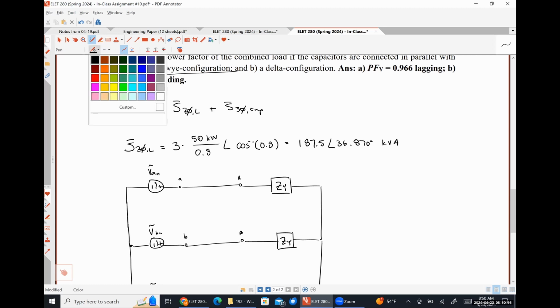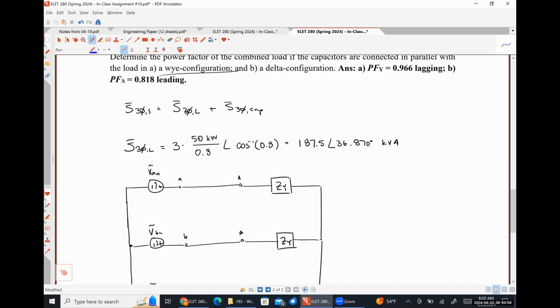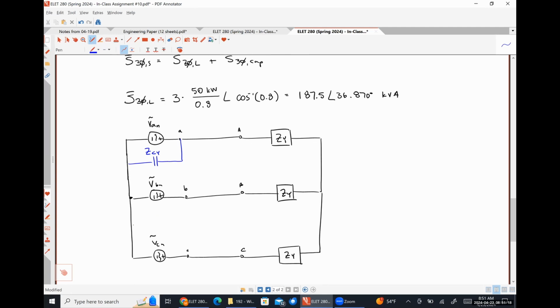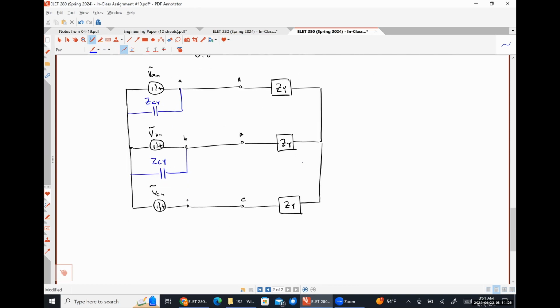So I'm going to put my capacitor here in blue. So this is ZCY. This is that same ZCY.